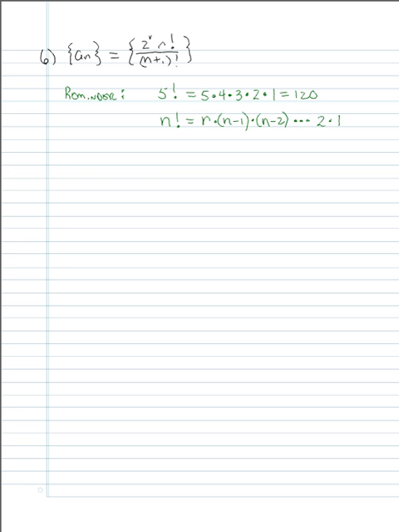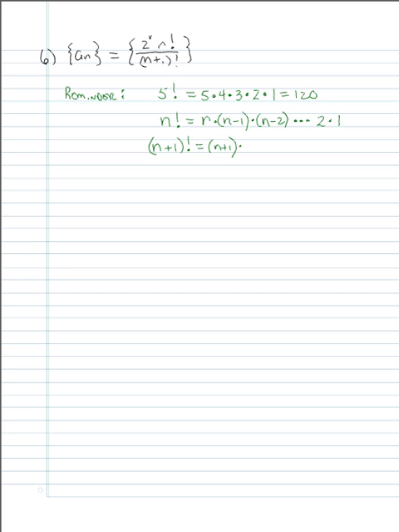Now, importantly here, in this particular sequence, we also have an n plus 1 factorial. So n plus 1 factorial would be, start out with a number that the factorial is on, n plus 1.